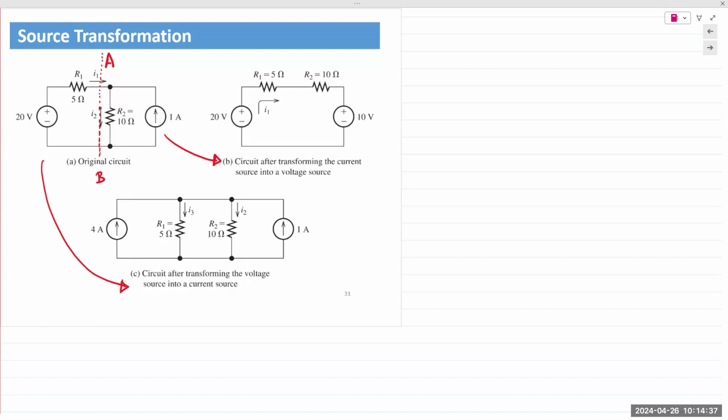So the way it would work is like this. You would break away the voltage or the current source by noting the two nodes where it is connected in place.